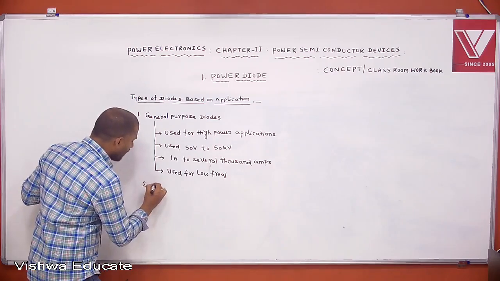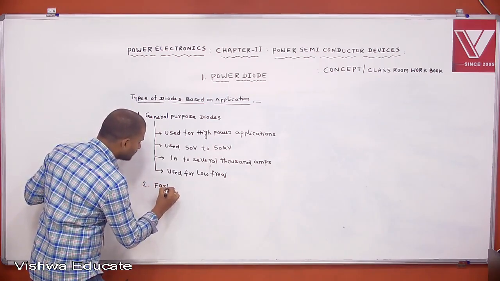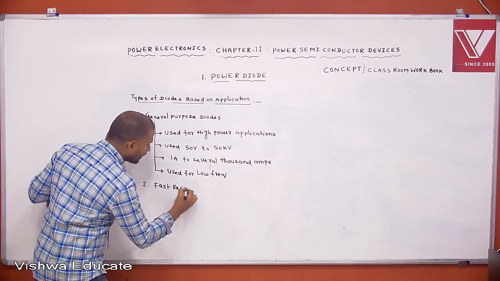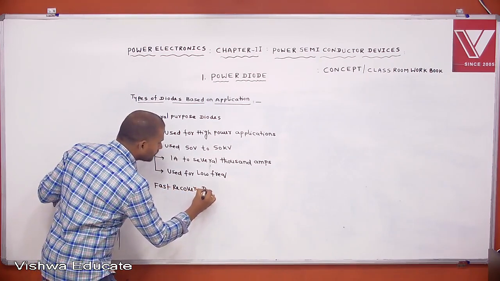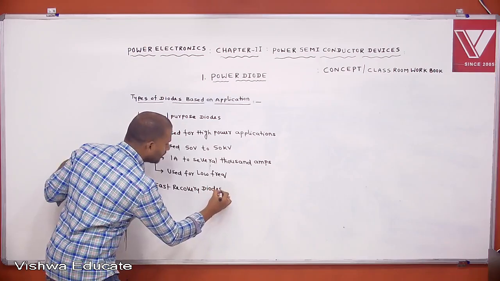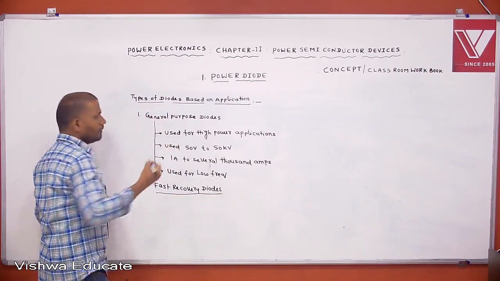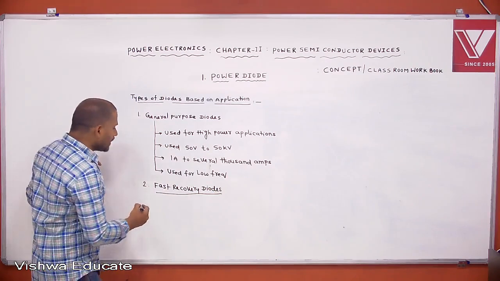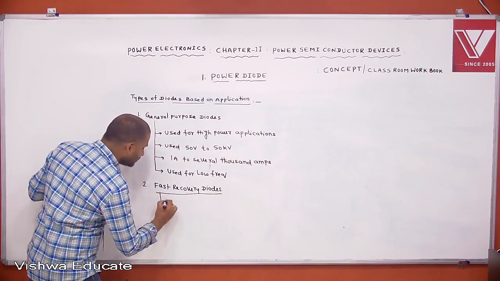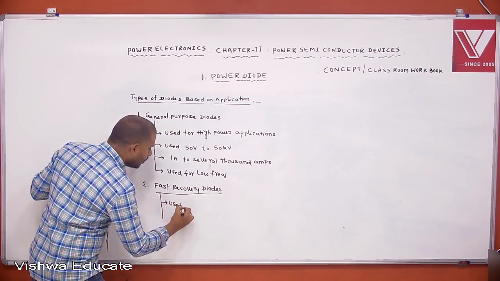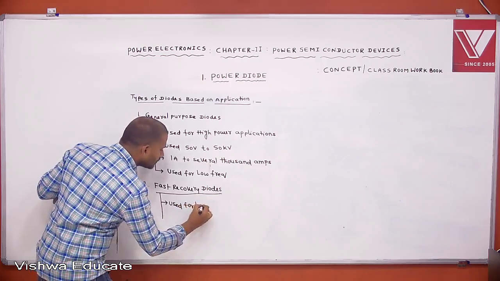Then fast recovery diodes. These fast recovery diodes are used for low turn off time applications.